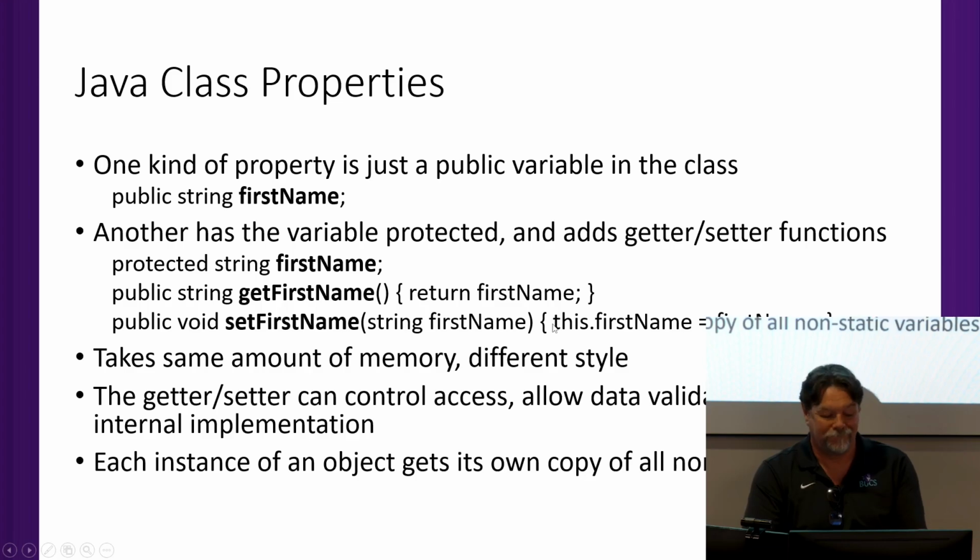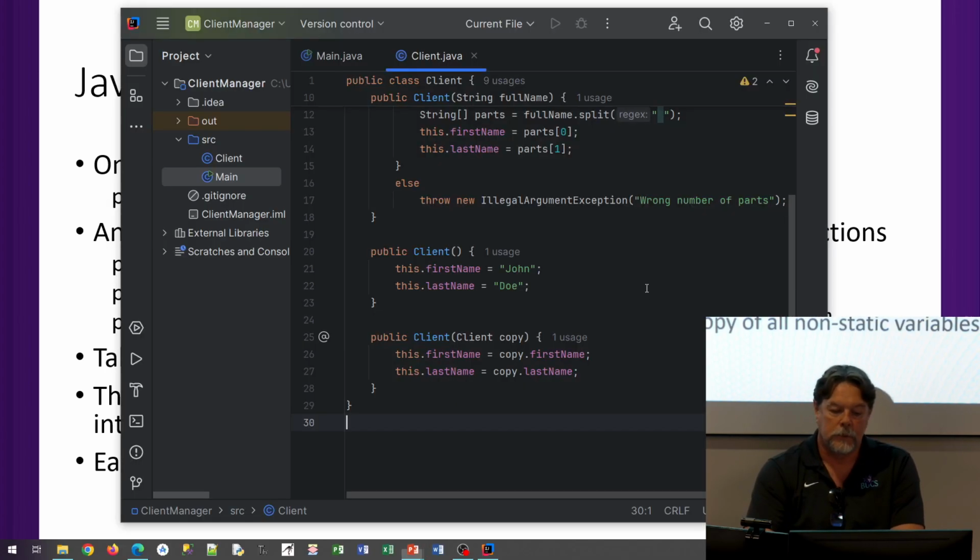You can call these getters and setters anything you want to, but there's kind of a convention. You use the lowercase get or lowercase set, and then the name of the property. It's a positive pattern that you can use.